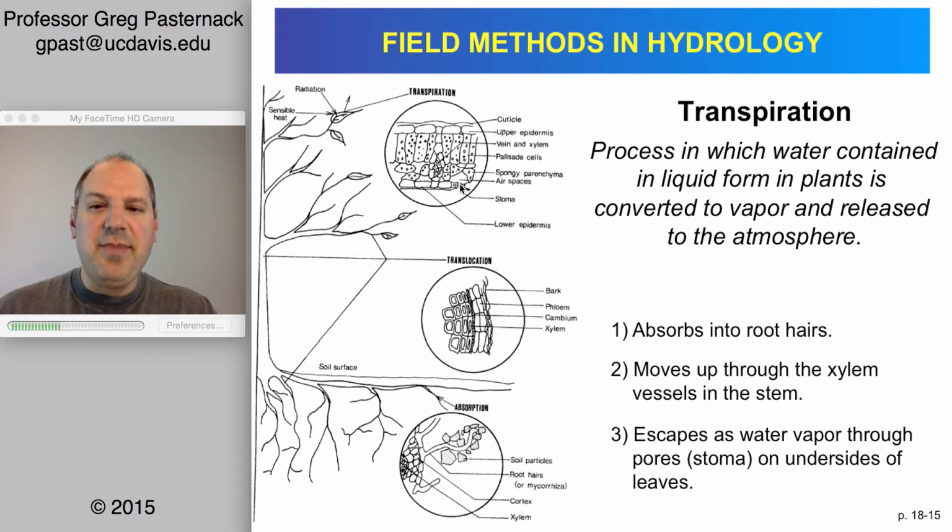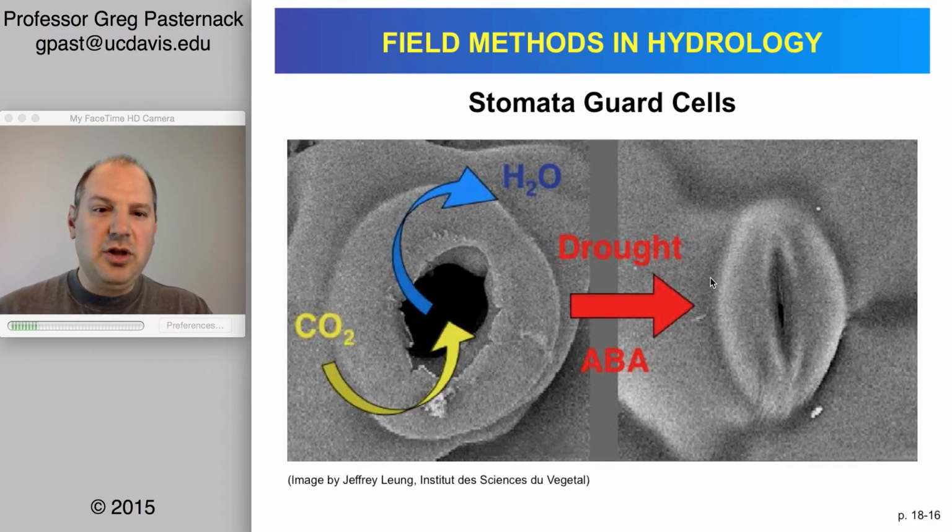The best way to think about this approach is a pull rather than a push. It's not the tree trying to push water out. It's the atmosphere sucking on the tree like a straw, sucking the water out, and that ultimately drives water to be sucked in from the soil into the tree. Here's a close-up of the stomatal guard cells in an open position and in a closed position.